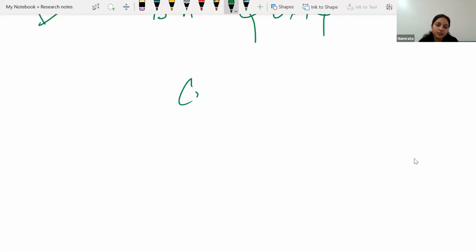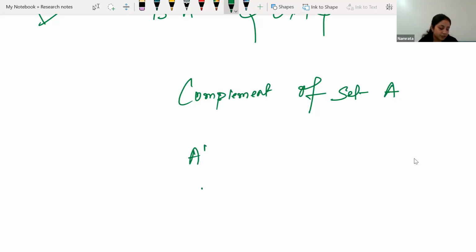So, complement of a set. Complement of set A, we represent it as A dash. And what's the meaning of that? Suppose we have a universal set. We need the universal set, then only we'll be able to find the complement of A. Let's say the universal set is 1, 2, 3, 4, 5, 6, 7, 8.